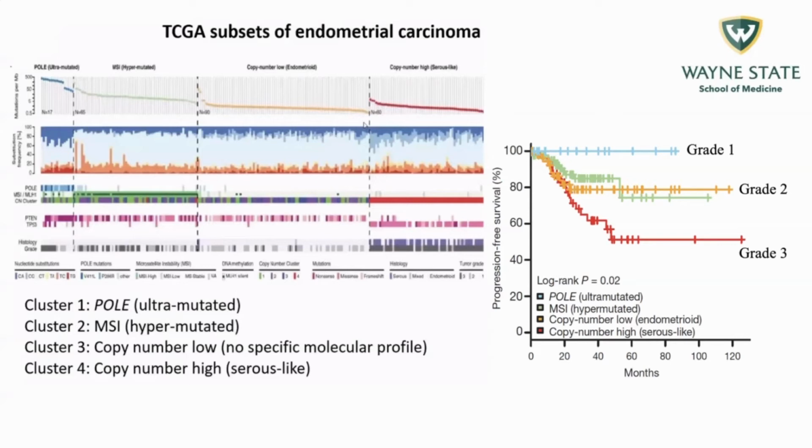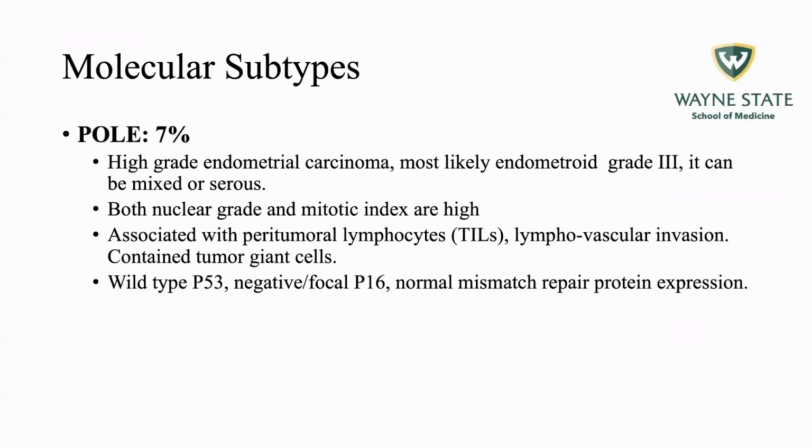But life is not black or white, right? So there is a lot of gray zone, which is problematic for our patients, particularly in the POLE ultramutated. So POLE mutated, it's not always low grade. It can be high-grade endometrial carcinoma on H&E and most likely reflect endometrioid grade 3, and it can even be mixed.